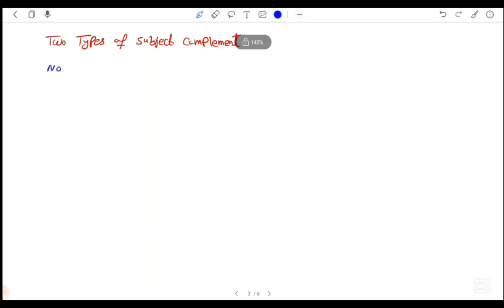The first type is the noun complement. Don't confuse yourself if you don't know the meaning of noun. Nouns are the names of people, places, things, ideas, events. We'll talk about that in the future.